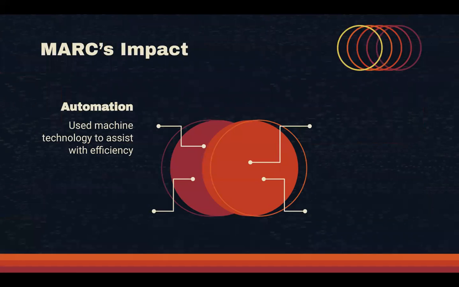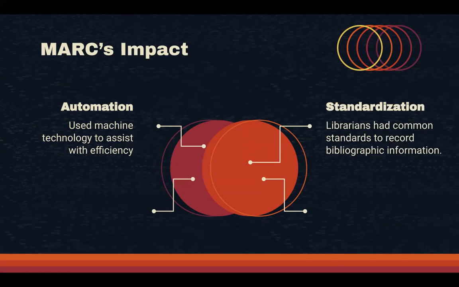So MARC's impact was massive. Libraries became automated with the use of machine technology that assisted the efficiency of creating bibliographic records. It also provided libraries with common standards of recording bibliographic information, creating consistency between libraries.